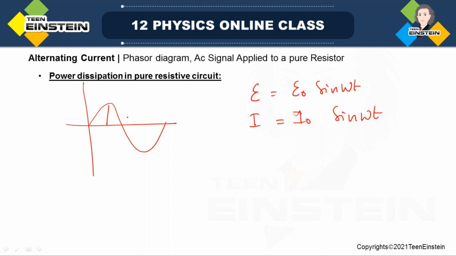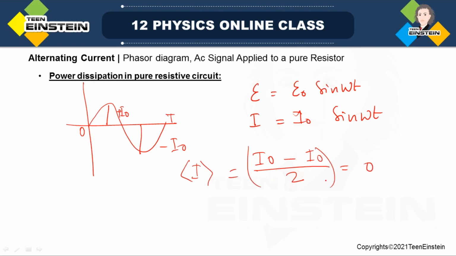That means if you have here, if I say the current, this side is positive I0 and this side will be giving you a negative I0. Then if you take an average for a full period or full cycle, you will get actually minus I0 by 2 plus I0 by 2, so this will give you the average of the alternating current. If you just simply take the average, this will be 0.